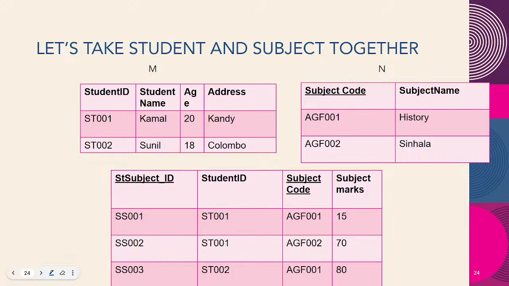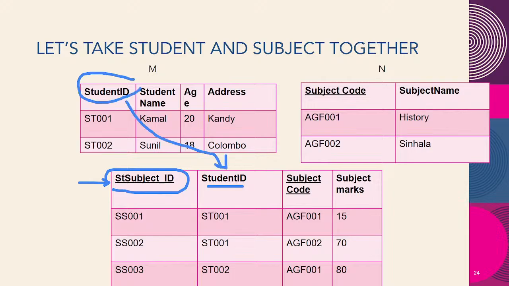This is the relationship table. In this third table you have the student subject ID here. Then you can put the student ID as a foreign key from here to here, and the subject code also as a foreign key to here. Also you can include the subject marks, which come from the interaction of them.